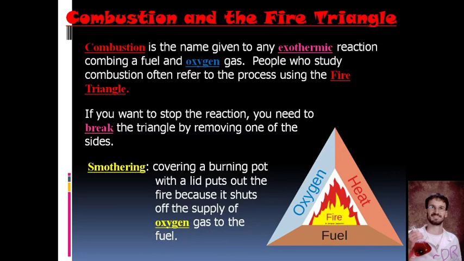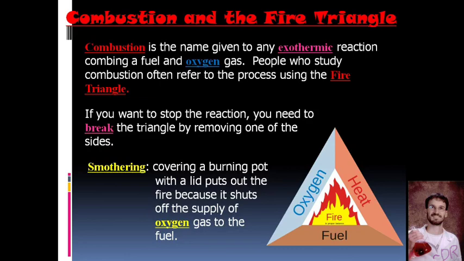and then you can no longer have fire. One of the most immediate things you can do if you see a fire is to smother it. That's when you cover the fire up to prevent air in the room from getting to the fire. If you prevent air from getting to the fire, you are breaking the oxygen side of the triangle. And if you remove all the oxygen, the fire will go out.